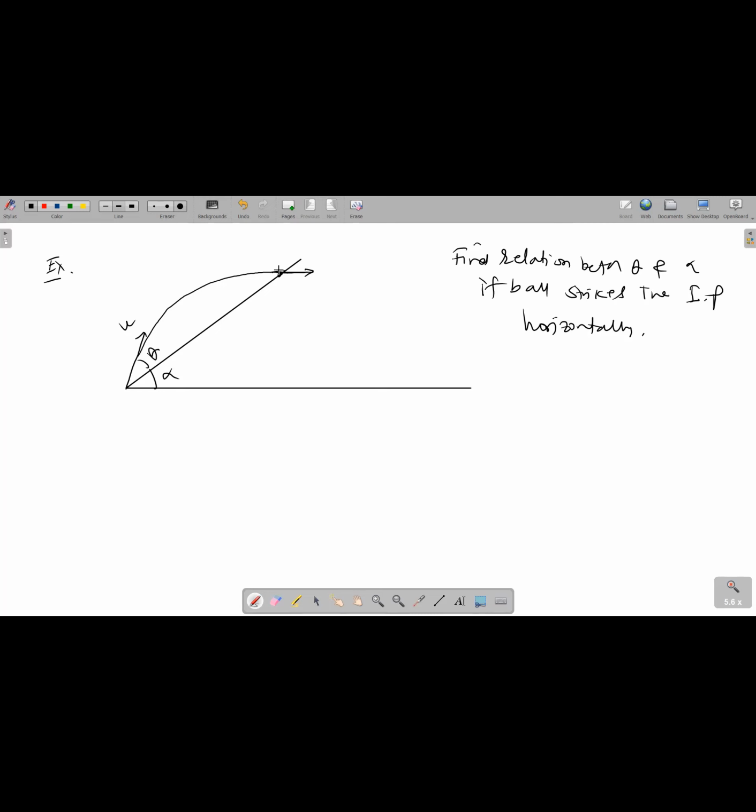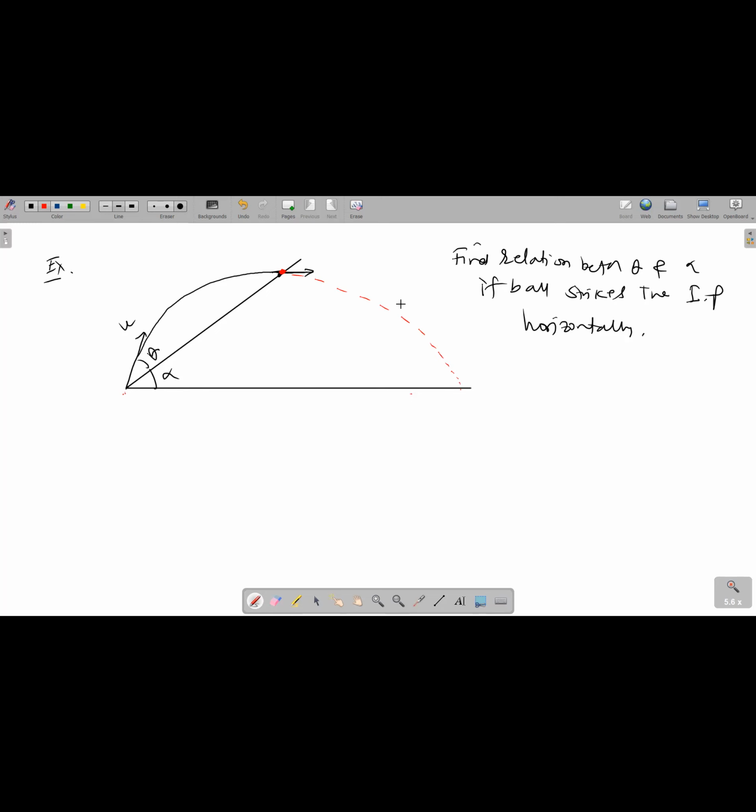See, one thing, can you notice that at this point where this ball strikes the inclined plane, it strikes horizontally. So suppose this inclined plane was not here, then we can consider this motion as ground to ground projectile motion, and it would have completed the path like this. If you consider ground to ground, the angle of projection would be theta plus alpha.